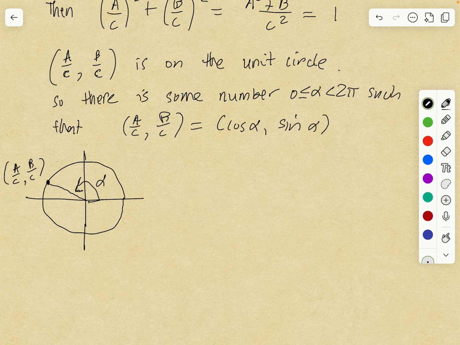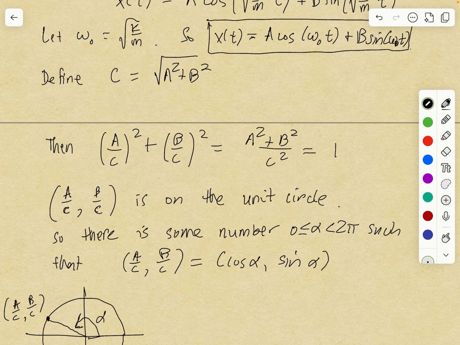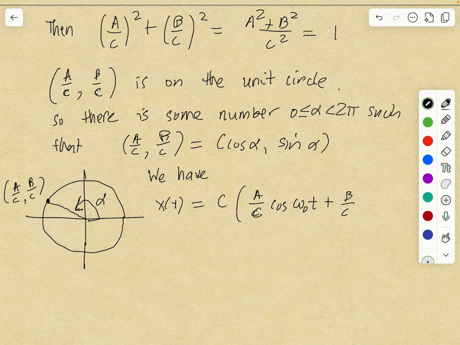Okay, now using C and alpha, we can rewrite x of t above. First I'm going to divide and multiply both sides by C. So we have x of t equals C times (A over C cosine omega naught t plus B over C sine omega naught t).